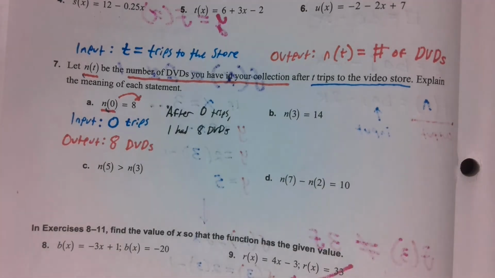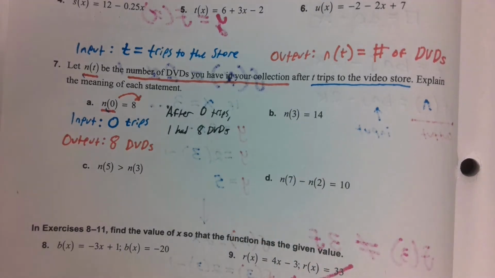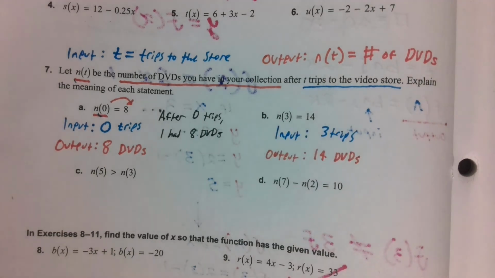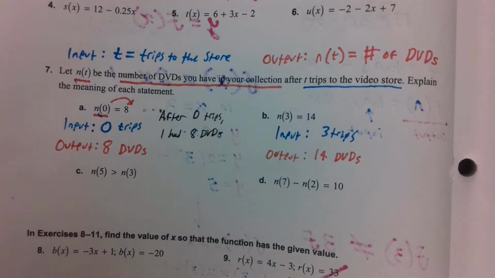Let's try out B. N of 3 equals 14. I want you to try this one out on your own. Pause the video, take a look, and see what we get. Check with my answer in a couple of seconds. Did you figure out the input is 3 trips and the output is 14 DVDs?